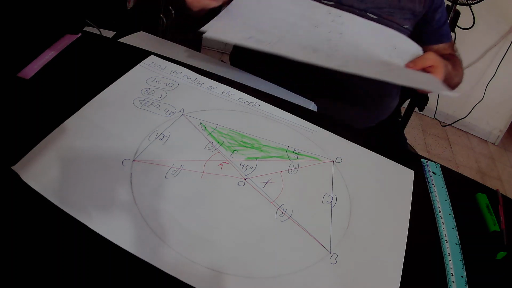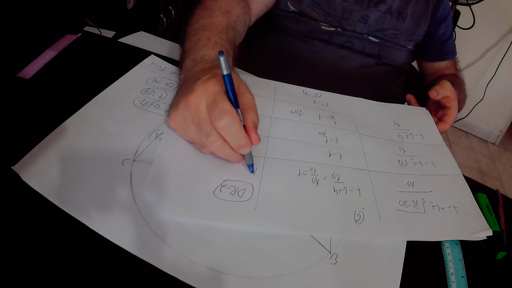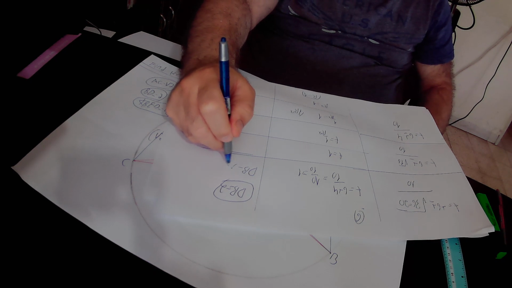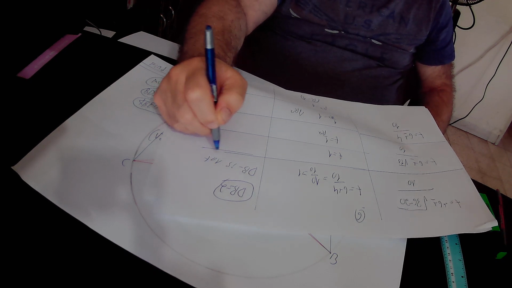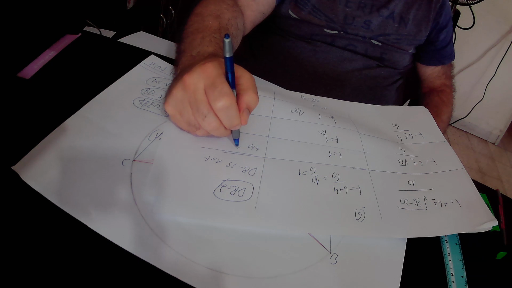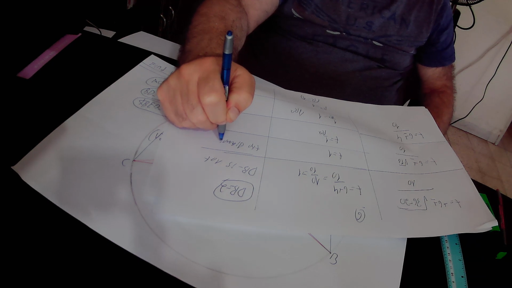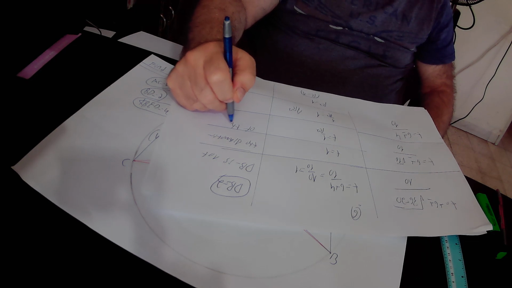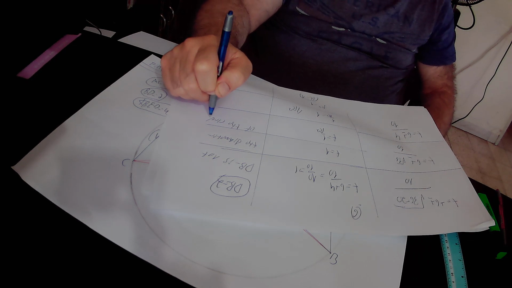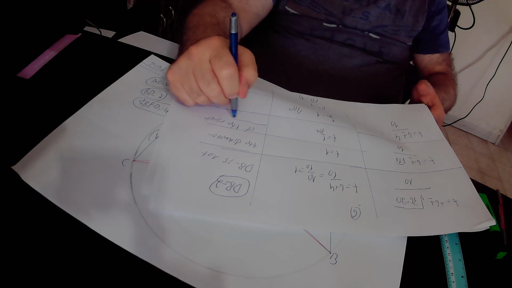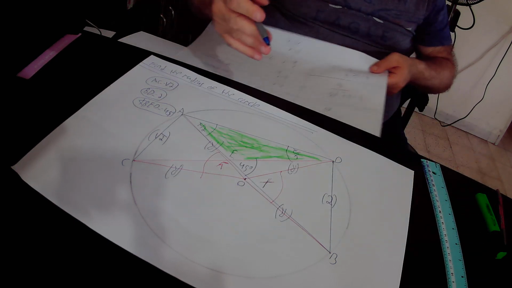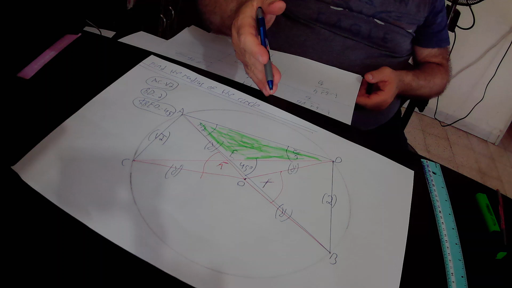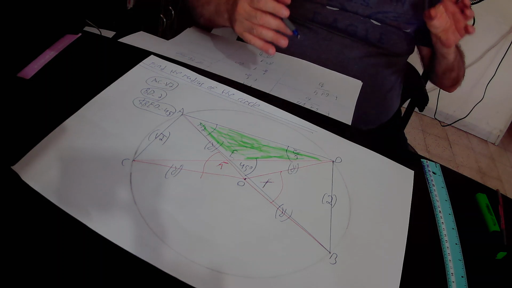So I write it down: DB is not the diameter of the circle. But we note that the diameter of any circle is the longest chord in the circle.